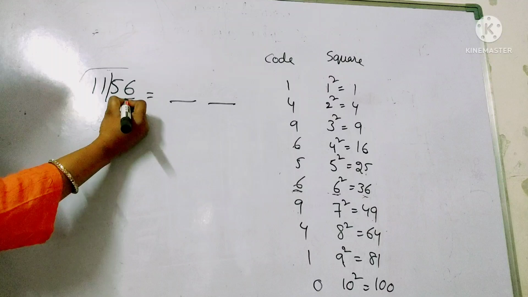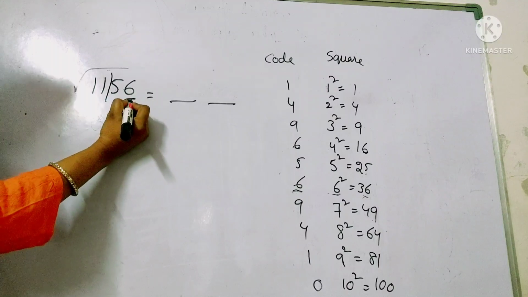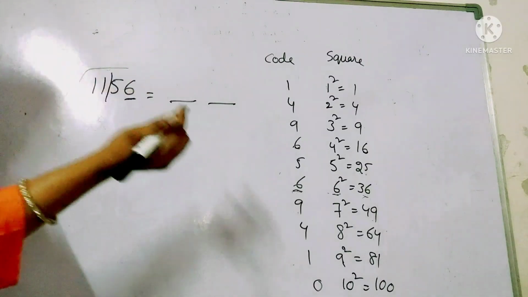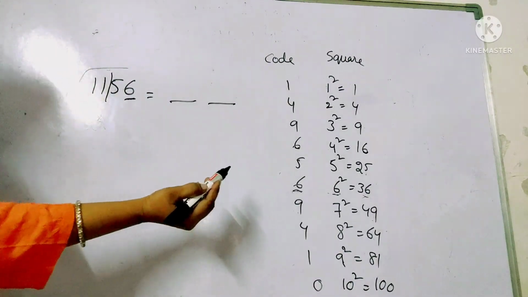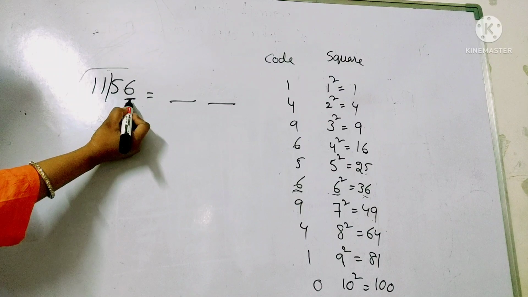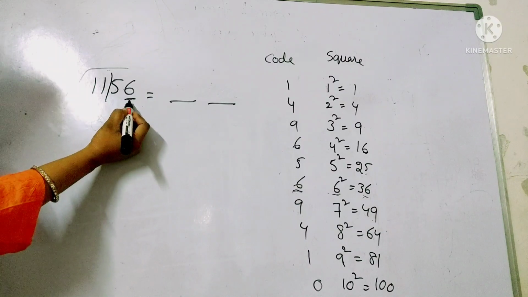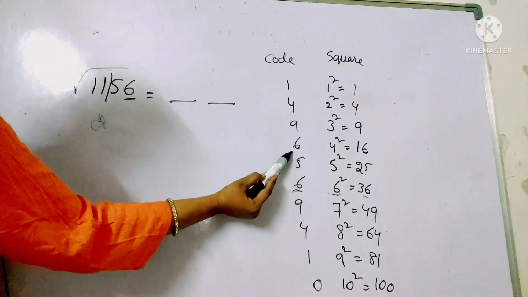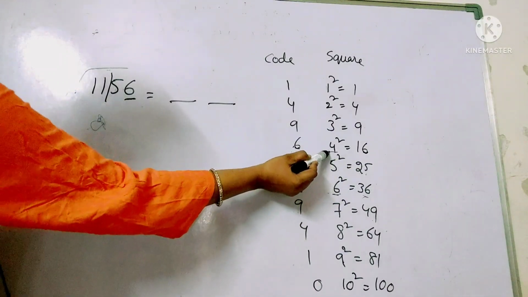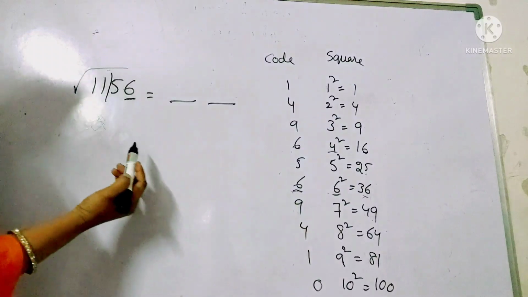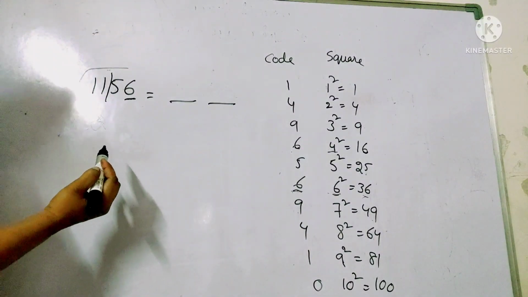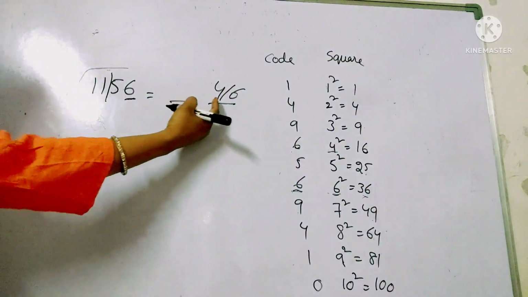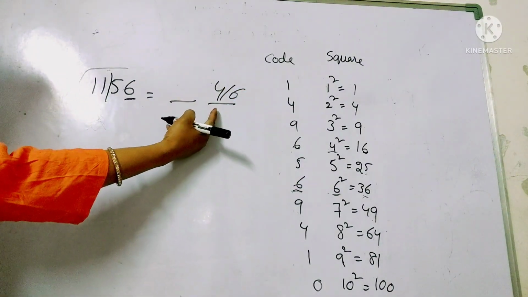In this, the last digit is 6, so we have to check how many chances there are for 6 to come as the last digit. Here you have 4 and 6, we have the chances to get 6 as the last digit. So you write 4 or 6. Among these two, any one is going to come in the answer.